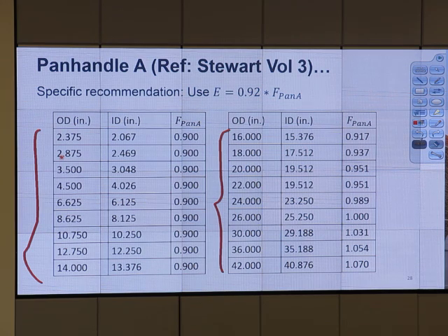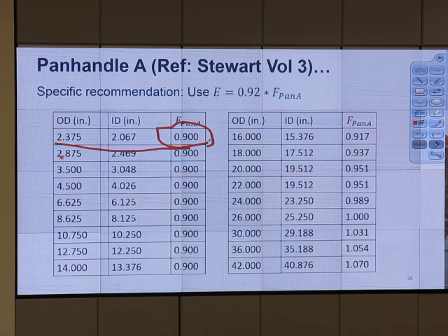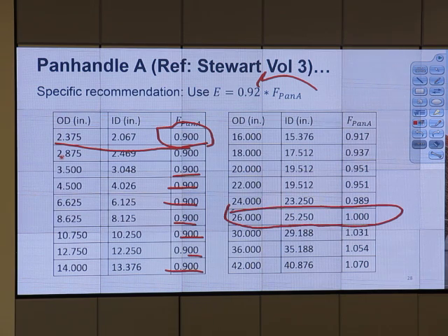If we use 2-inch pipe, the correction factor is 0.9. 3-inch still 0.9, 4-inch still 0.9, 6-inch 0.9, 8-inch 0.9, 10-inch 0.9, 12, 13 use 0.9 multiplied on top of this. If you happen to have pipe as large as 26-inch and use Panhandle A, then F equals 1, or E equals 0.92 multiplied by 1, equals 0.92.